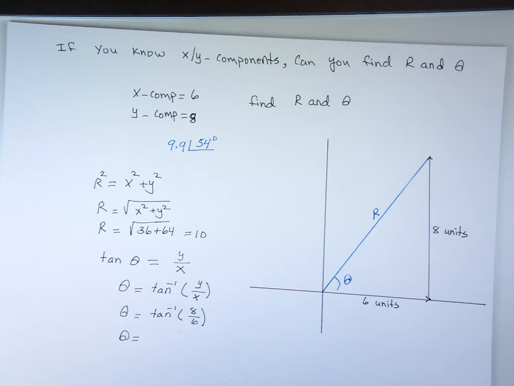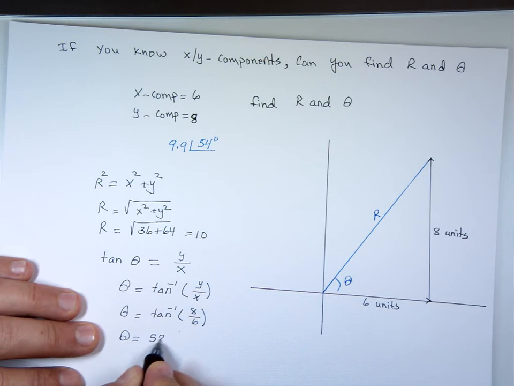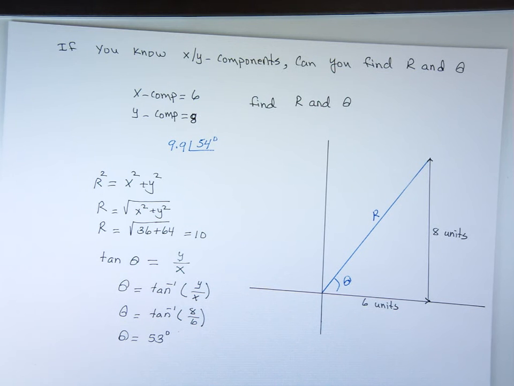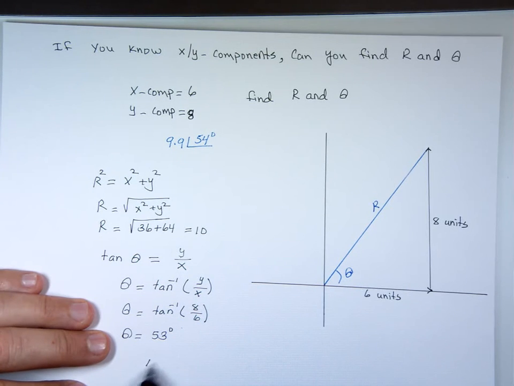So second tangent, 8 divided by 6, close that. It's 53 degrees. So r and theta is really 10 angle 53.